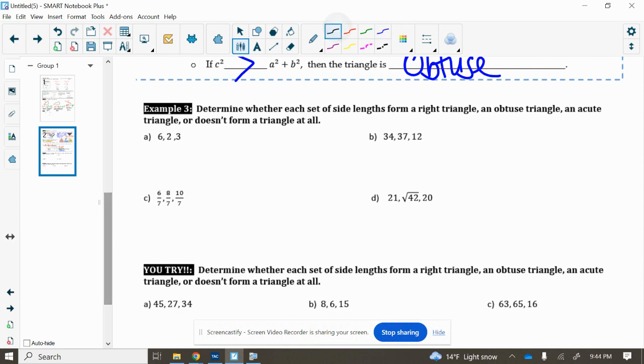Now, first and foremost, if they are giving you these out of order, always look for the largest side. In this case, that side C would have to be 6 because that's the biggest. Remember, if this is going to be your hypotenuse, that would have to be the biggest side. And again, we need to start off by checking, are A and B, when we add them together, bigger than 6?